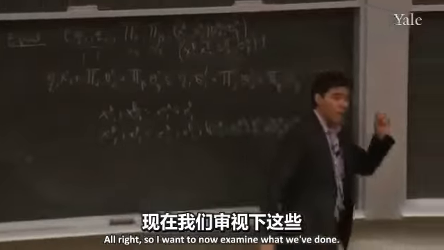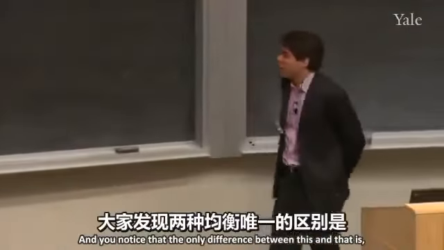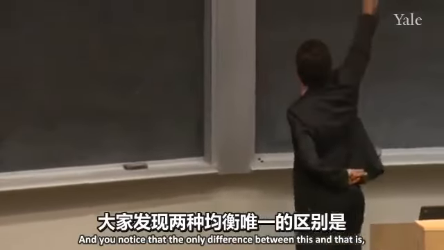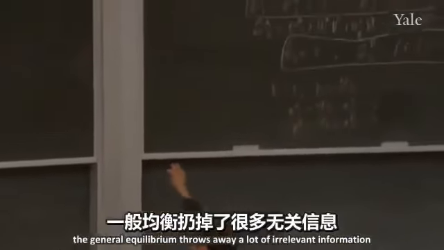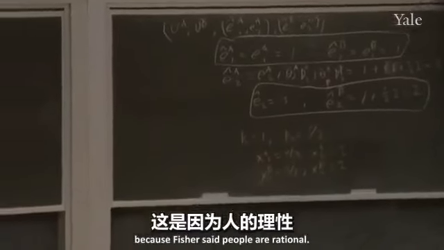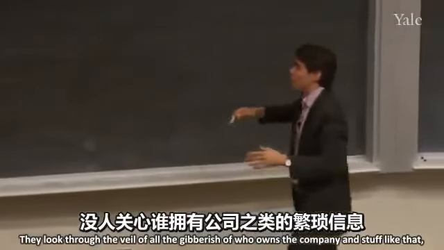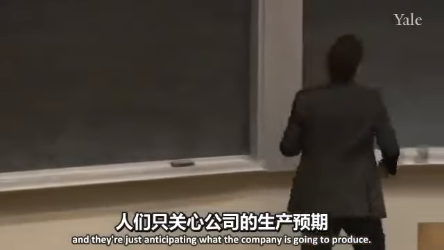All right, so I want to now examine what we've done. And we did that at the end of last class. You had to do it in a problem set. Okay, and you notice that the only difference between this and that is the general equilibrium throws away a lot of irrelevant information, because Fisher said people are rational. They look through the veil of all the gibberish of who owns the company and stuff like that, and they're just anticipating what the company's going to produce.